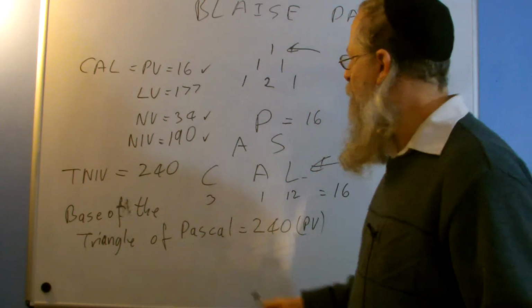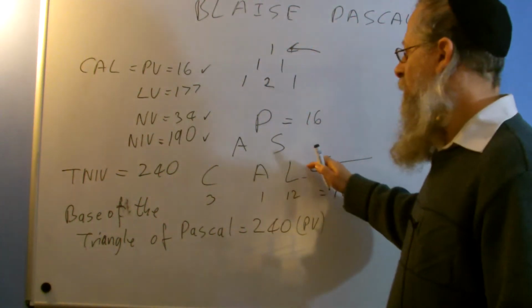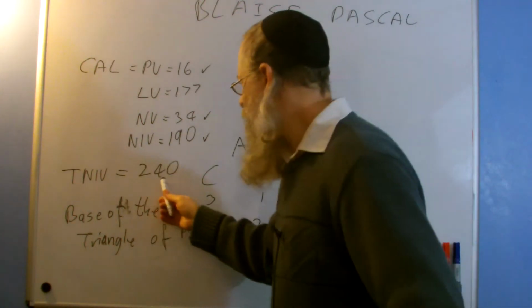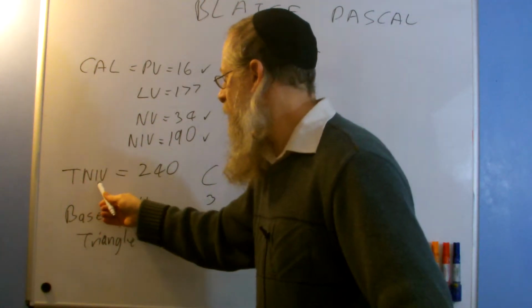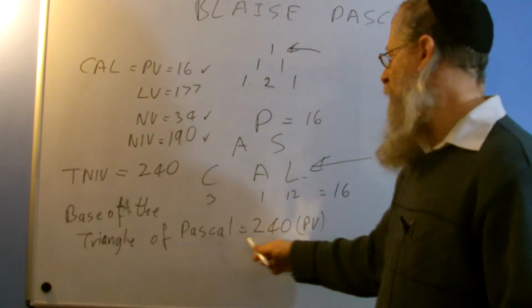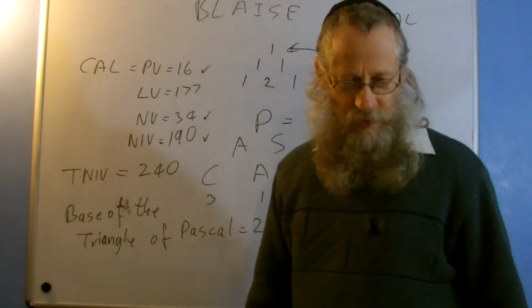So I've got a relationship between Cal, which is the base of the triangle of Pascal, as being 240 in the TNIV value, and that is the same as the placement value of the base of the triangle of Pascal, 240. Thought that was quite neat.